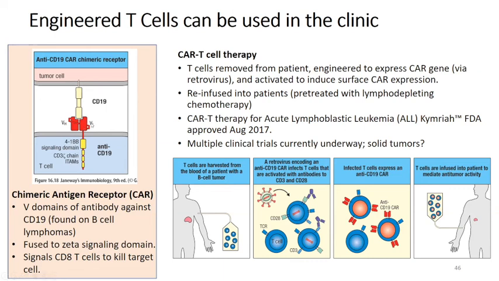You can take the variable domain of an antibody and create molecules of those antigen binding domains with the intracellular signaling domains of the T cell receptor, and put these chimeric antigen receptors into T cells, mainly CD4 T cells. These CAR T cells will recognize the tumor.